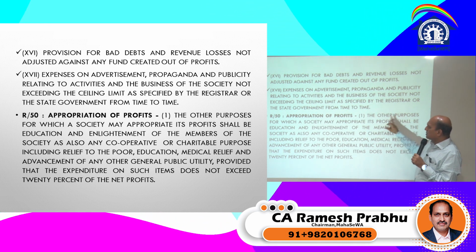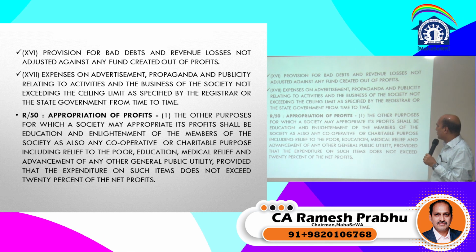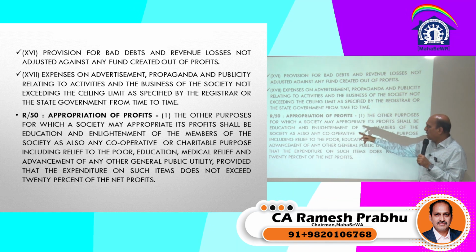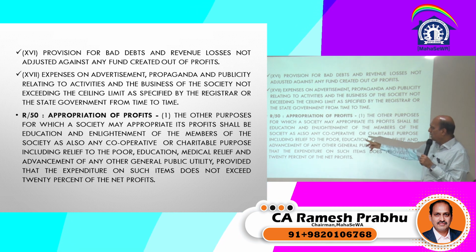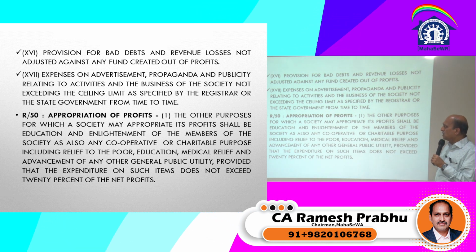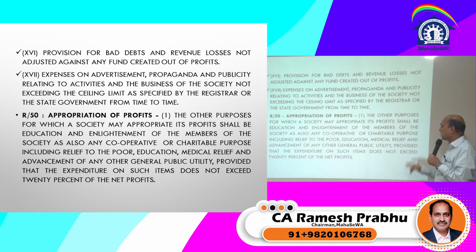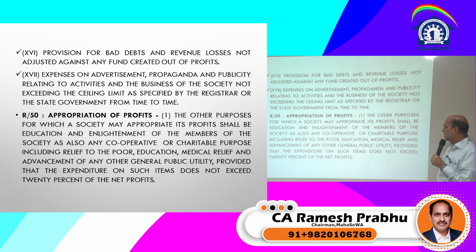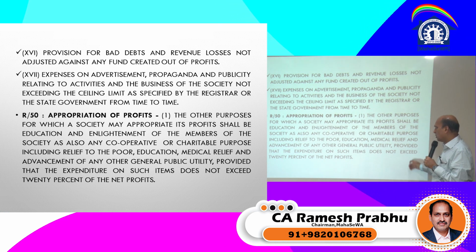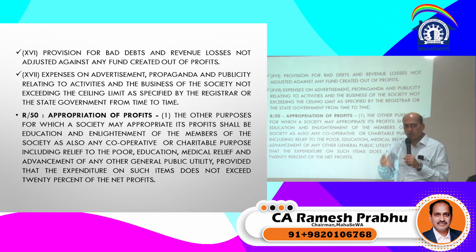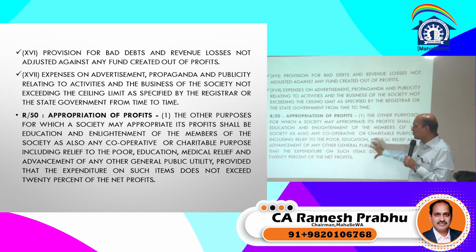The other purposes for which a society may appropriate its profit shall be education and enlightenment of the members of the society, as also any cooperative or charitable purposes including relief to the poor, education, medical relief and advancement of any other general public utility, provided that the expenditure of such item does not exceed 20%. Up to 20% of the surplus can be used for the charity.